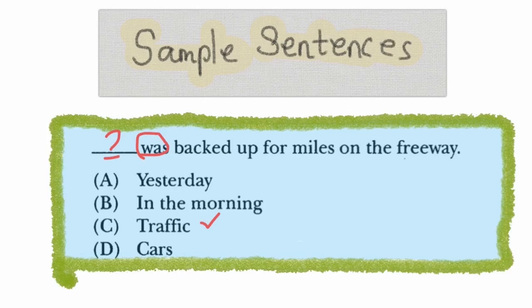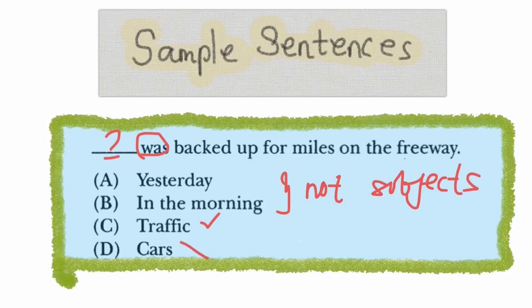Answer A, yesterday, and answer B, in the morning, are not subjects, so they are not correct. Although answer D, cars, could be a subject, it is not correct because cars is plural and it does not agree with the singular verb was.